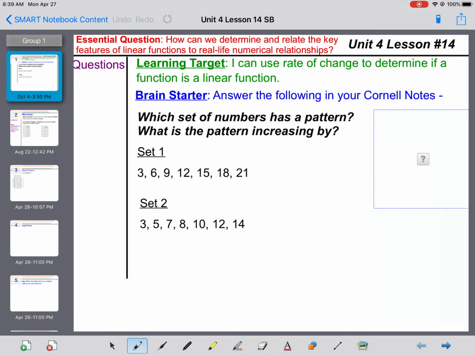But let's take a look at set 1 and set 2. In set 1, if you answer the question yourself, you notice that set 1 is the answer. Why?